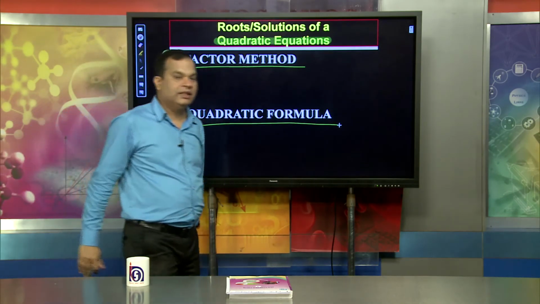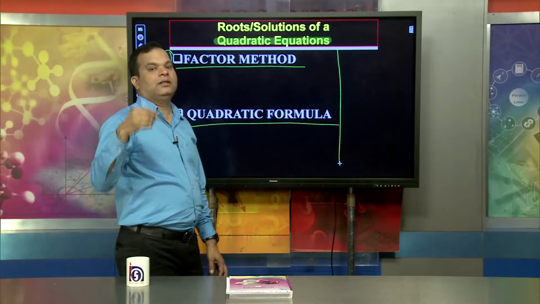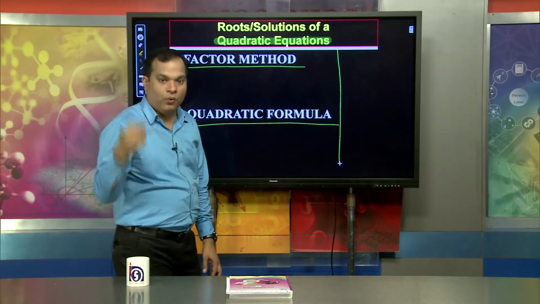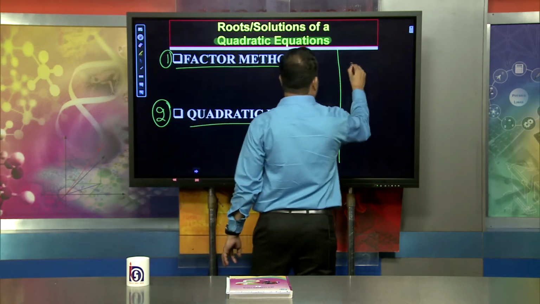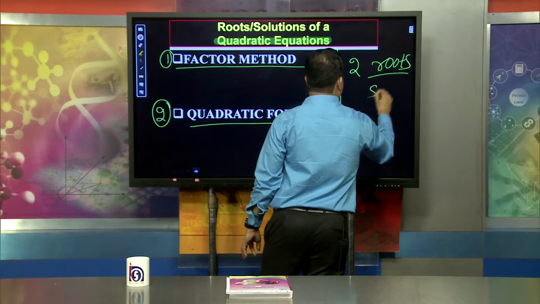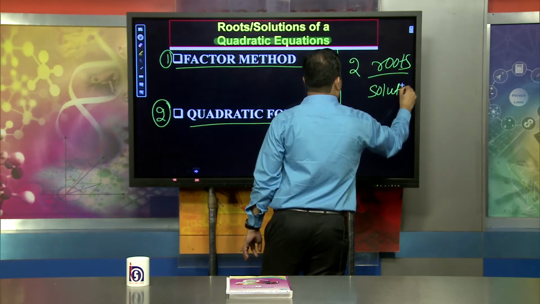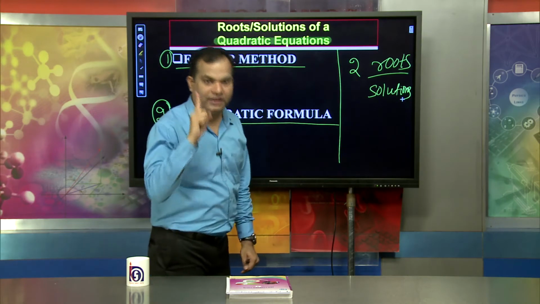One more thing: when we find the roots or solution of the quadratic equation, you will find two roots. Roots means solutions. But in the case of a linear equation, we find one solution.